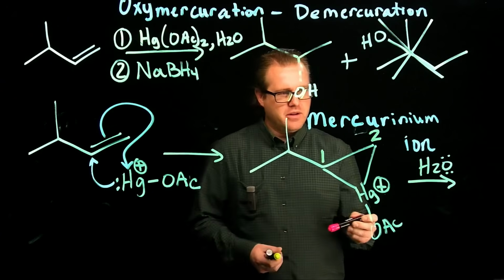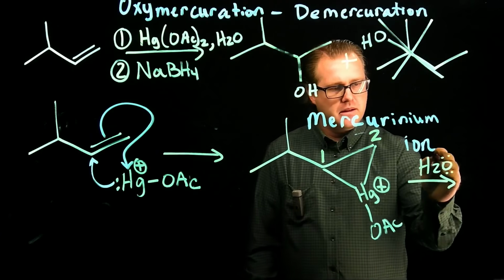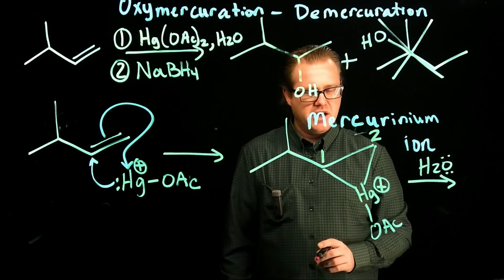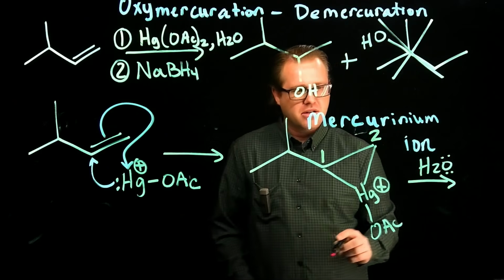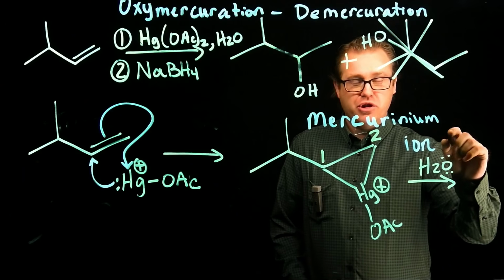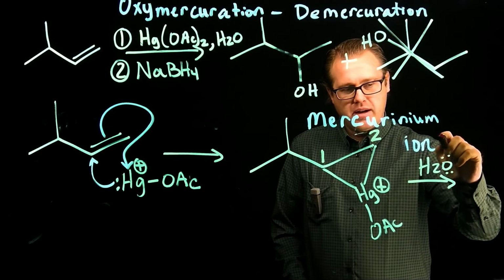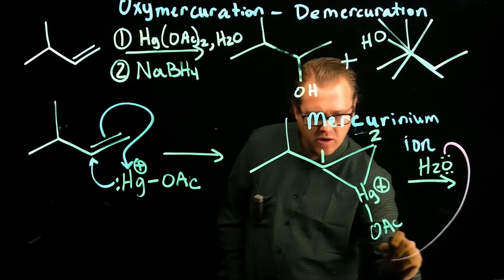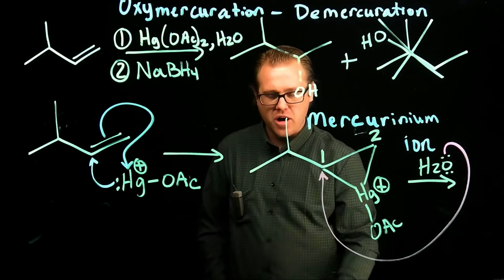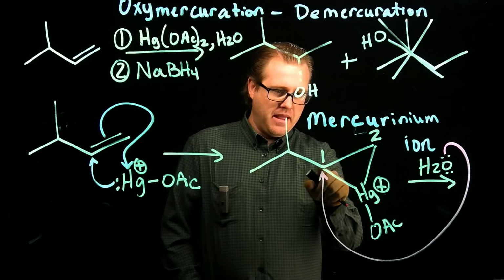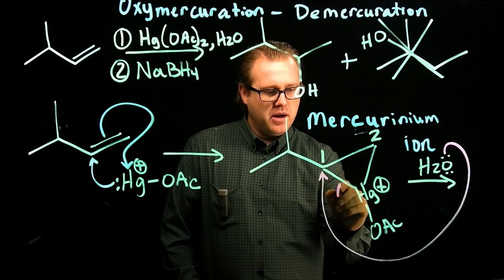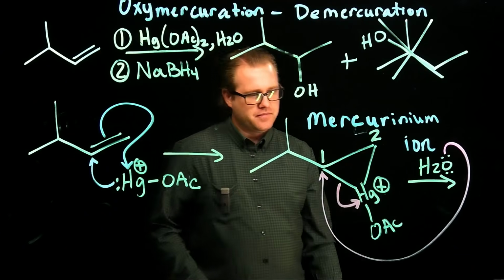Because we have a weak nucleophile. So which one does it attack? And the answer, I already showed you the product after the first reaction. This water molecule comes in and attacks carbon 1, and then the carbon-mercury bond breaks.